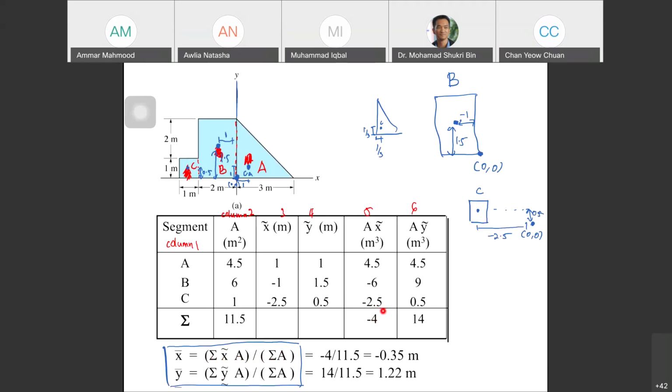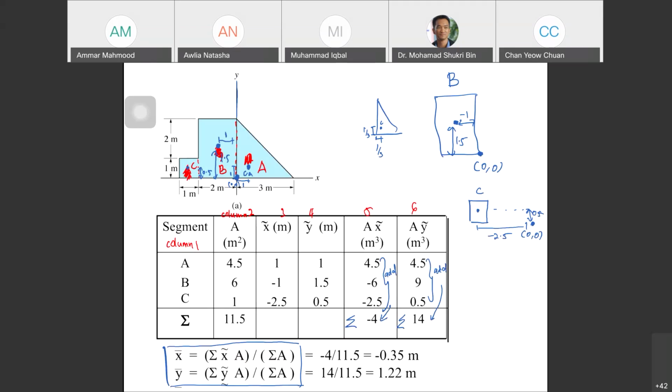How do you get minus 4? 4.5 minus 6 minus 2.5. You add these together and you get this one. This one is also the same. You add together, you get this one. So this is summation.